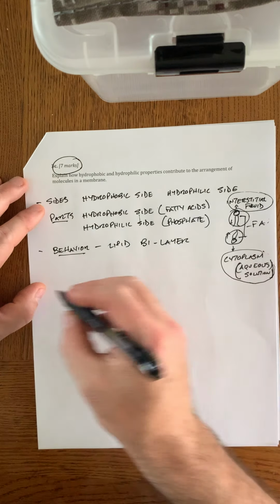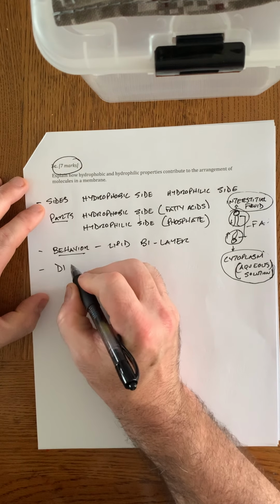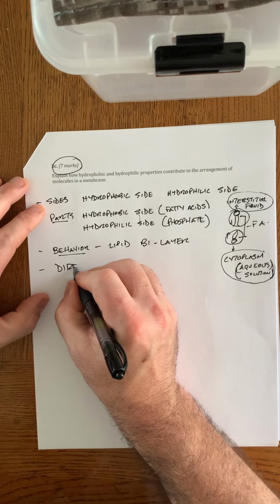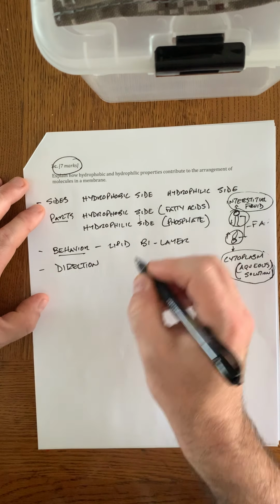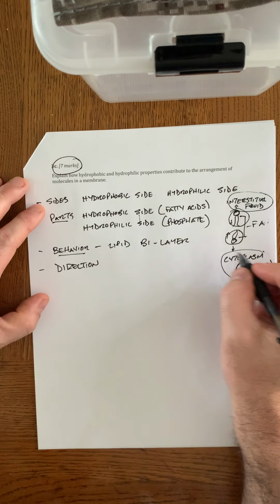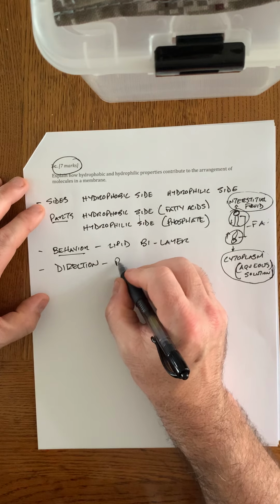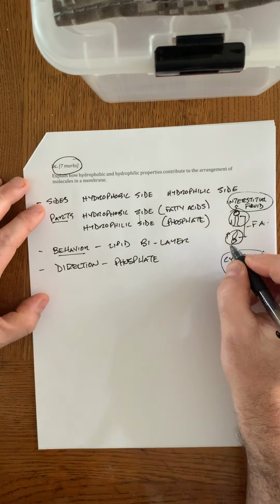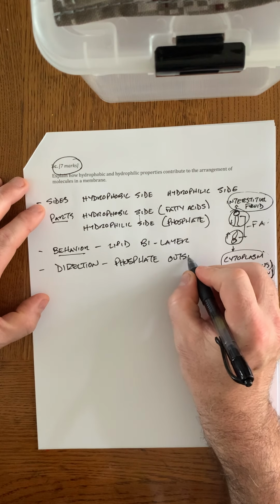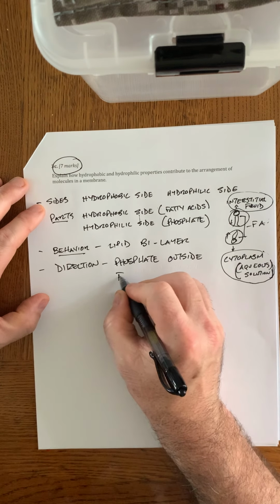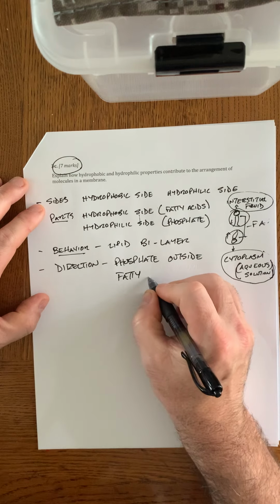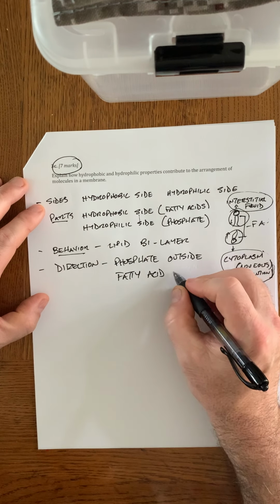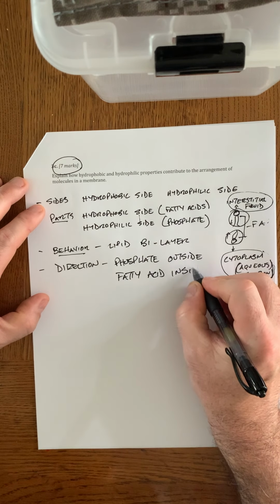So you could think of them in this way as well. Again, direction, you could come back, you're talking about 7 marks, so we really got to capitalize on this. Talk about the direction. So the direction that I just talked about. So in this case, the phosphates are on the outside of the membrane, and the fatty acids are inside the membrane.